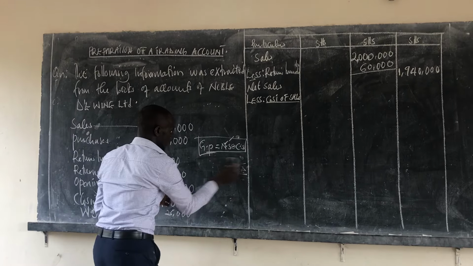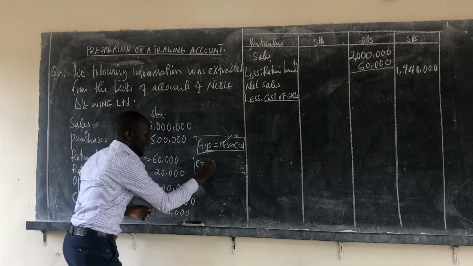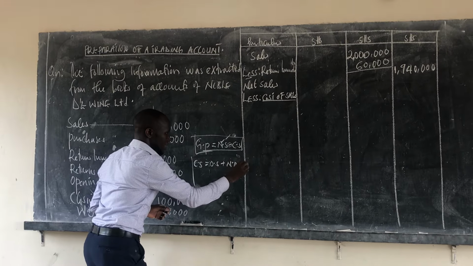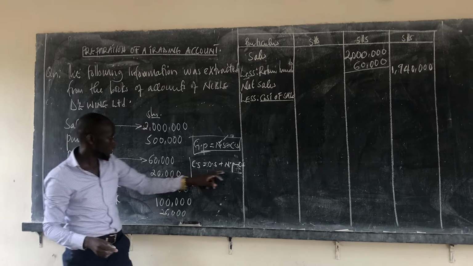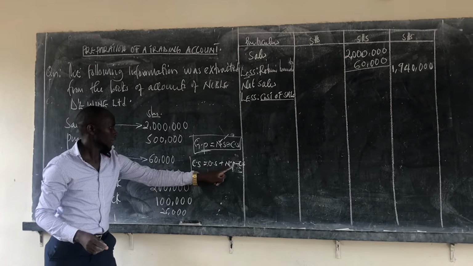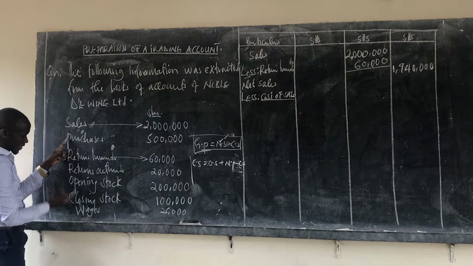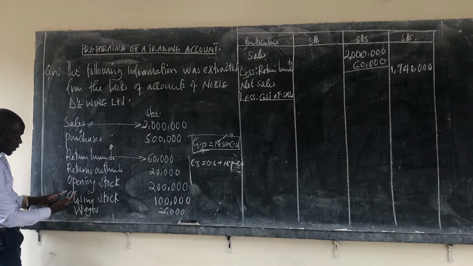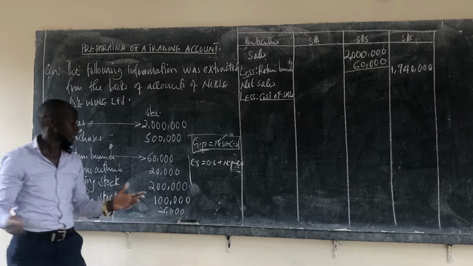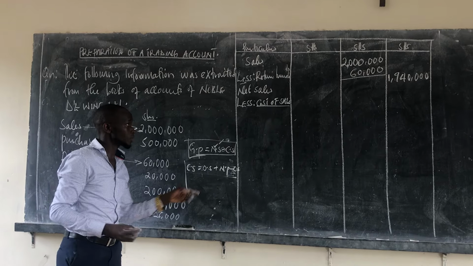If you can remember very well, we say cost of sales is equivalent to opening stock plus net purchases minus the closing stock. We have the opening stock given to us, we do not have the net purchases given, but we have to remember purchases and returns outwards, then we have wages. So we can easily get the net purchases so that we respect the formula for cost of sales.